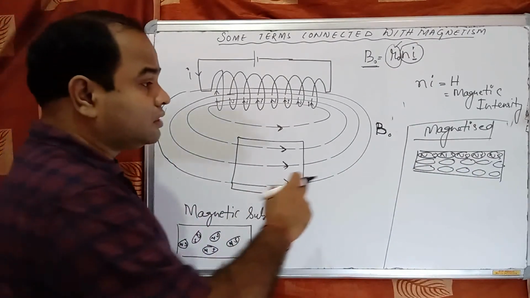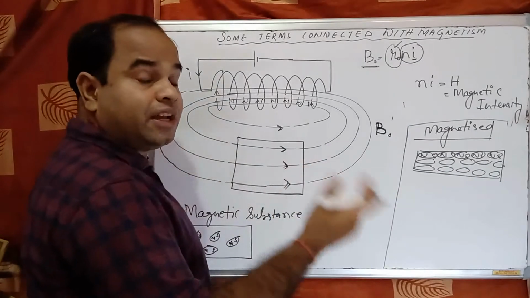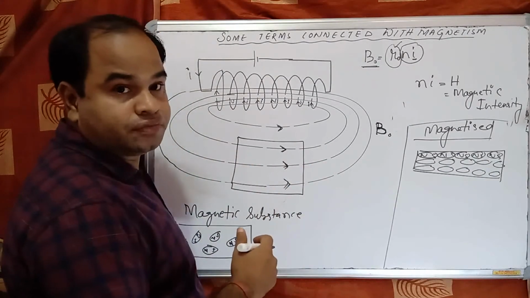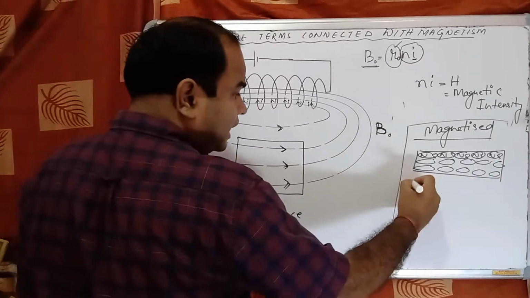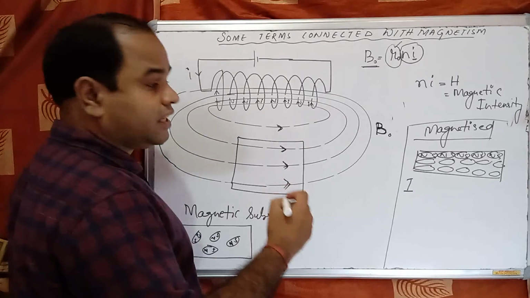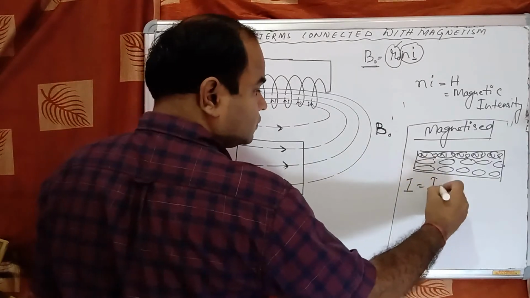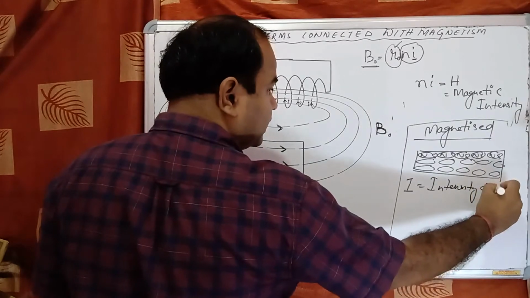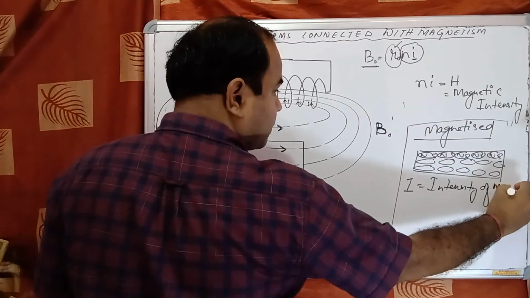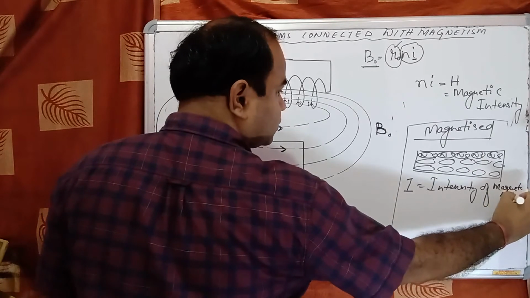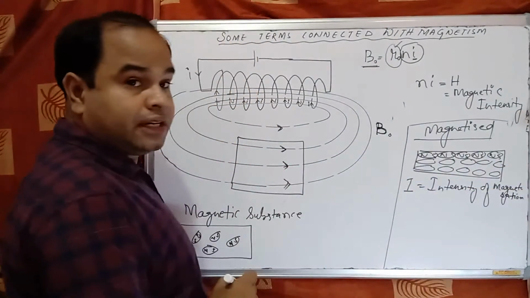This alignment of dipoles in a particular direction is called magnetization. And I is called the intensity of magnetization.